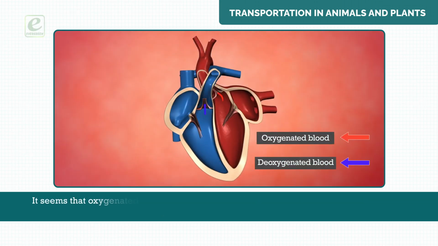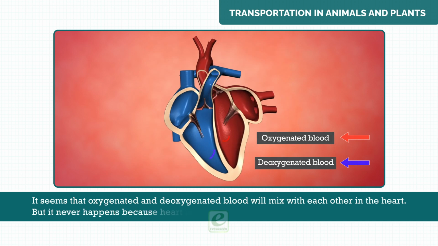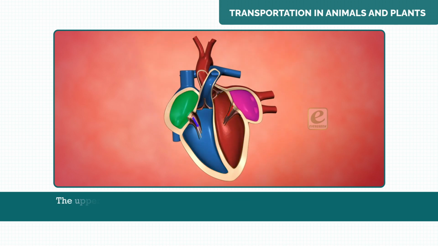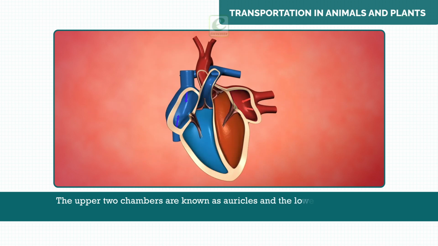It seems that oxygenated and deoxygenated blood will mix with each other in the heart. But it never happens because heart is divided into 4 chambers. The upper 2 chambers are known as auricles, and the lower 2 are known as ventricles.